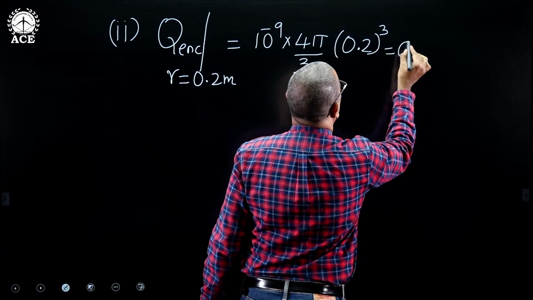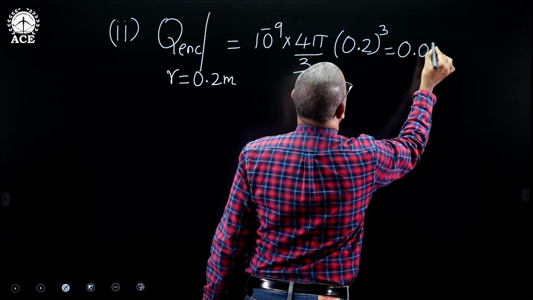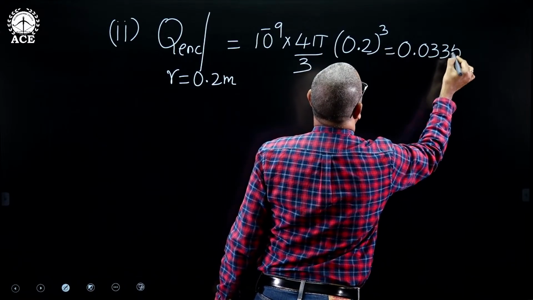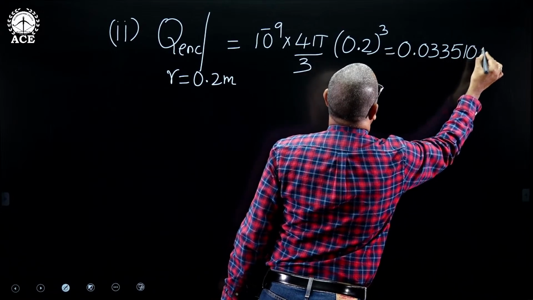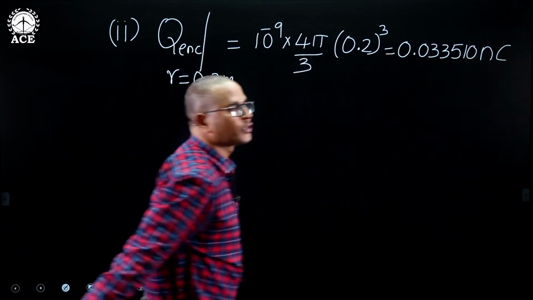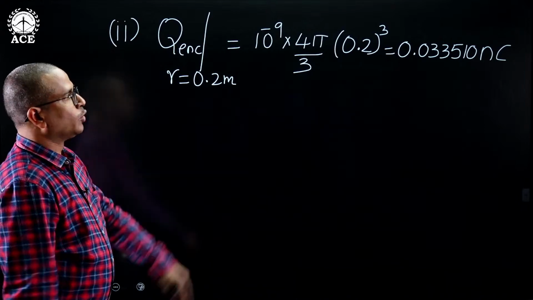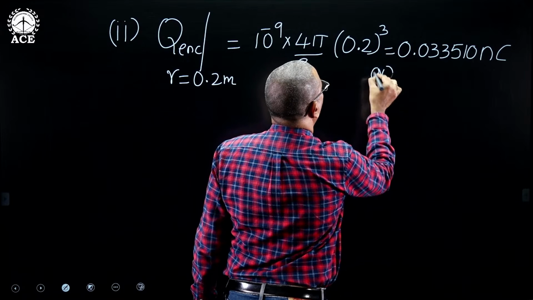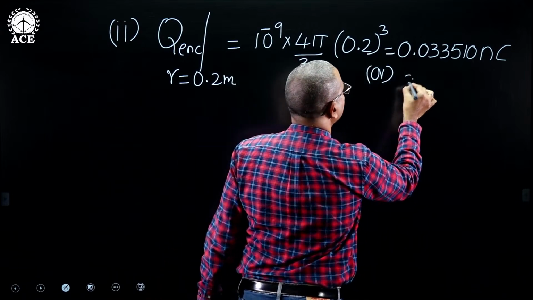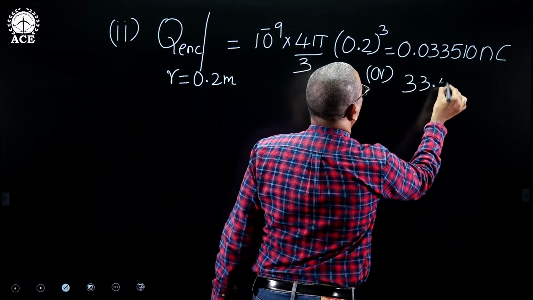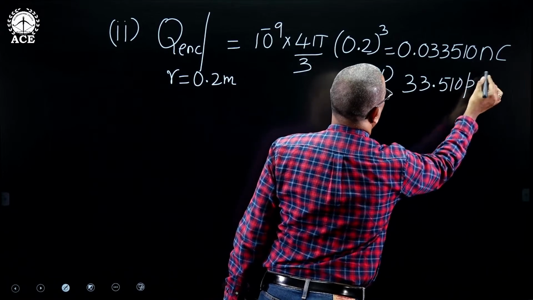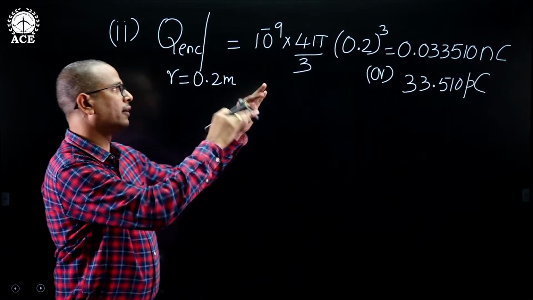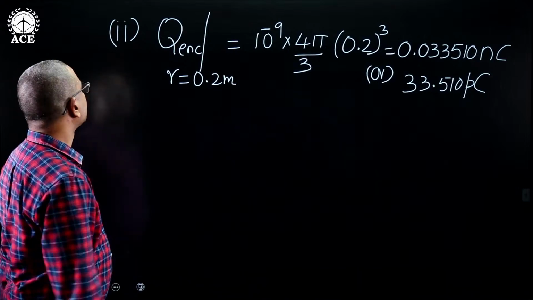You may be getting around 0.03351 nanocoulomb. Check your answer, dear students, using your calculator. Or if you want to express it in engineering units, 33.510 picocoulomb. Both are the same, dear students. I have just adjusted the digits.